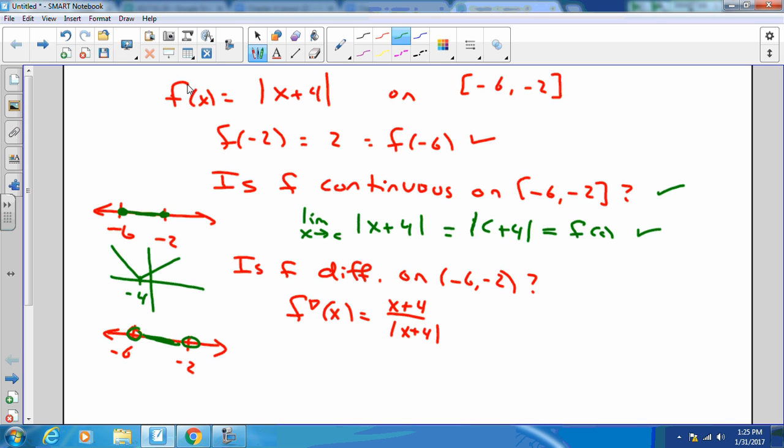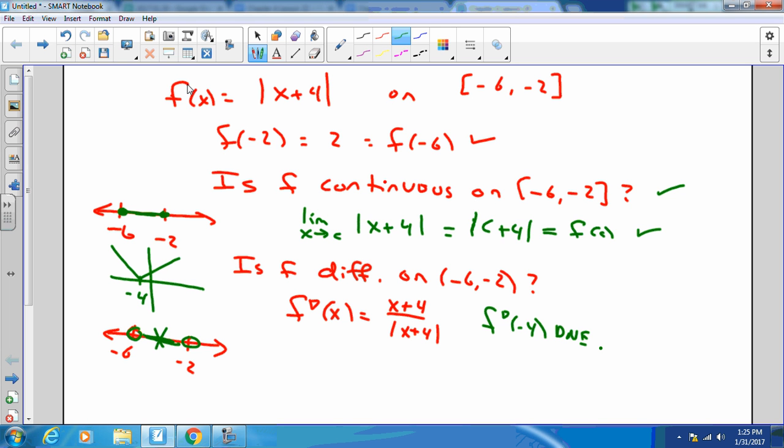Well, take a look and just ask, does this function have any x's that are outside of the domain, excluding values? Yeah, at x equals -4. F prime of -4 does not exist. And -4 is right smack in the middle of the interval that I'm looking at.